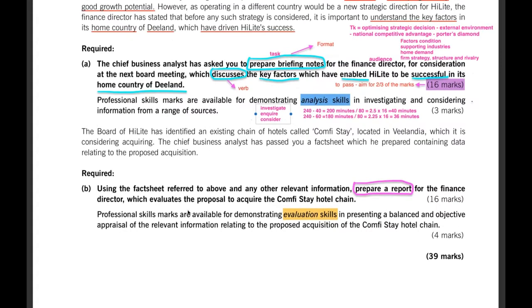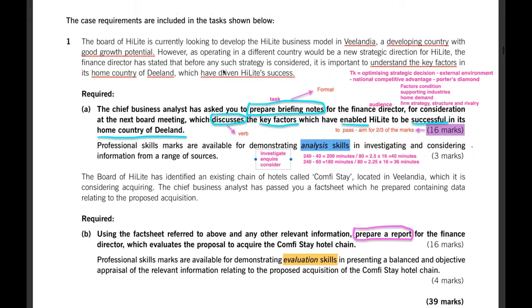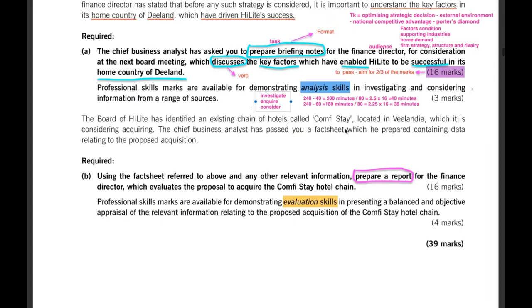Remember that when we went through our March examiner's report, you need to answer the question in sequence. So when you look at this past examination question from December 2018, after the small story up here, you answer your 1A, followed by another short story, the chronology of this particular requirement. Here it says that the Board of Highlight has identified an existing chain of hotels called Comfy Stay, located in Vilandia.